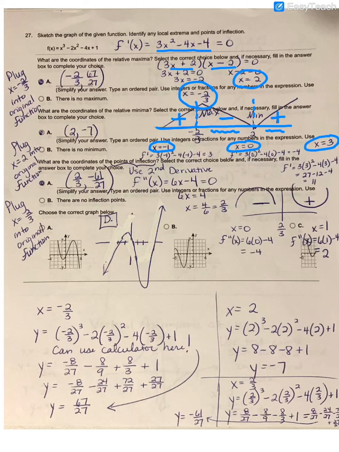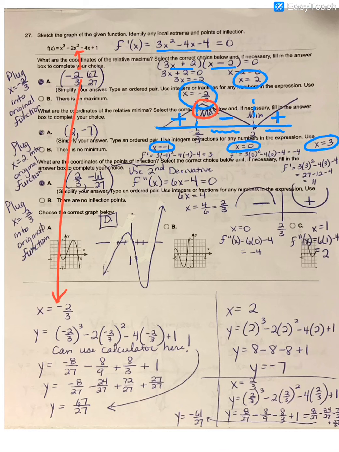So when a graph changes from increasing to decreasing, we know that we get a maximum. And so that is the x-coordinate. The negative 2/3 is my x-coordinate of that maximum. In order to get the y-coordinate, you have to plug this x back into the original function. I actually came all the way down here to show you that by hand.